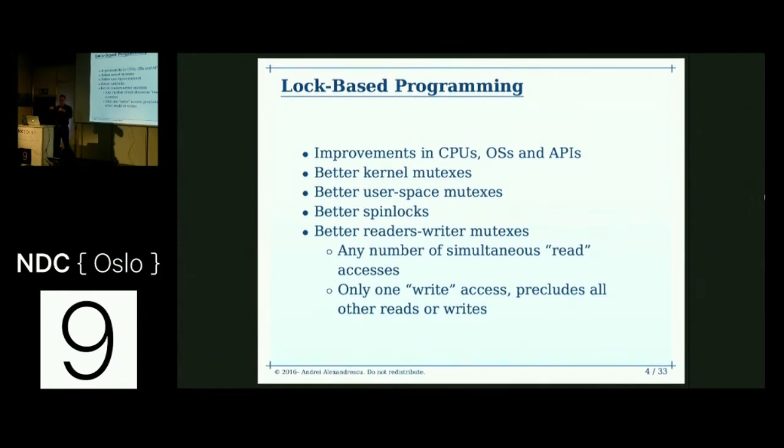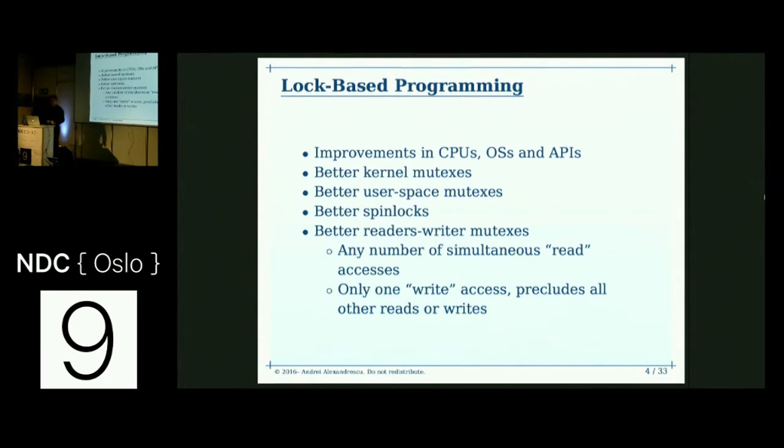Okay? Question. If a writer is waiting and a reader is waiting, who should get priority? So any number of readers, a million readers, can be simultaneously acquiring the mutex, right? Then if a writer wants to wait and there are other readers waiting, who should get priority?